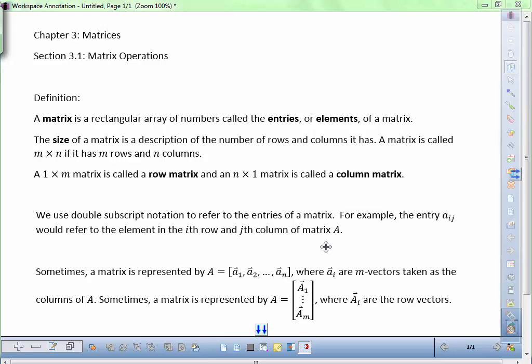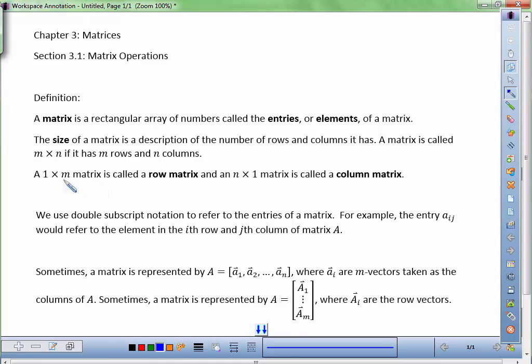Jamie? I'm wondering why, if we have an m by n matrix, you would say 1 by m or n by 1. Maybe because I mistyped that. It doesn't matter which way, because these are just numbers and they're arbitrary at this point. But I think Jamie has a point in being consistent.